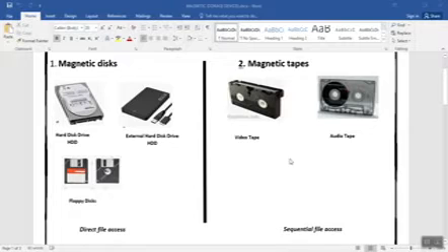In the way they store their information, they are different from magnetic disks to magnetic tapes. Here in the magnetic disk, data is stored in the organization we call direct file access. Then magnetic tapes, we've got sequential file access.